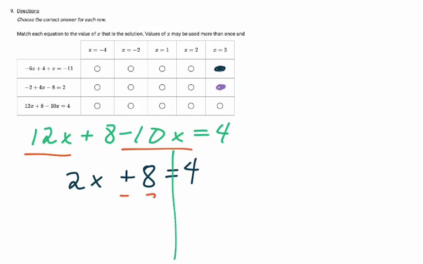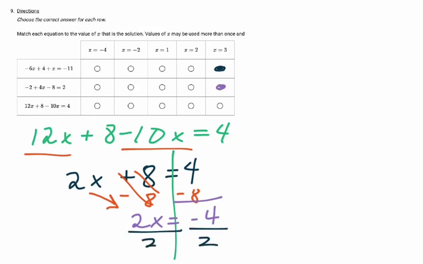So we subtract 8. We subtract 8 just like that. Cancels out. And we're going to get something like 2x equals negative 4. 4 minus 8, I'm sorry, I kind of went through that quick, but 4 minus 8, if you have positive 4, you take away more than you have. You're going negative, getting into negative 4. And then we're just going to divide out 2.